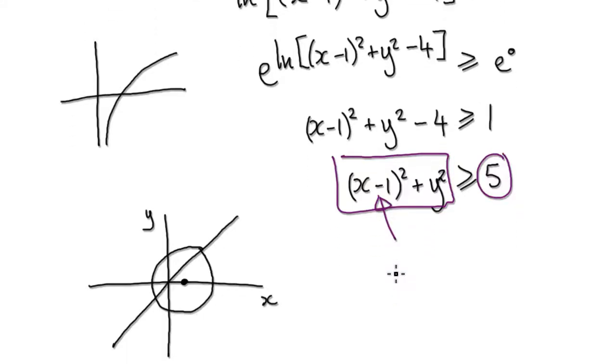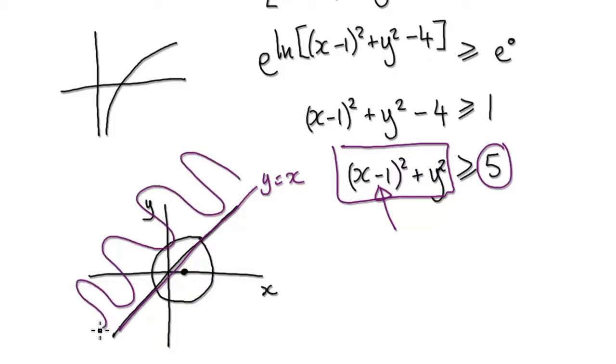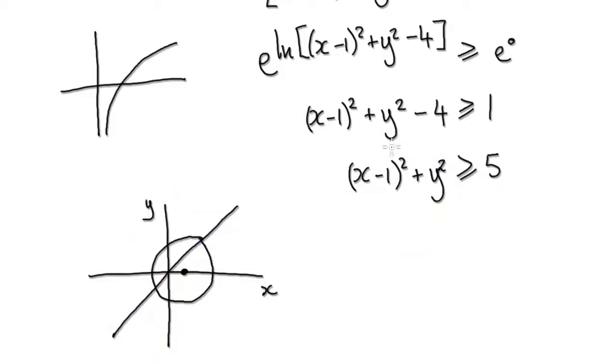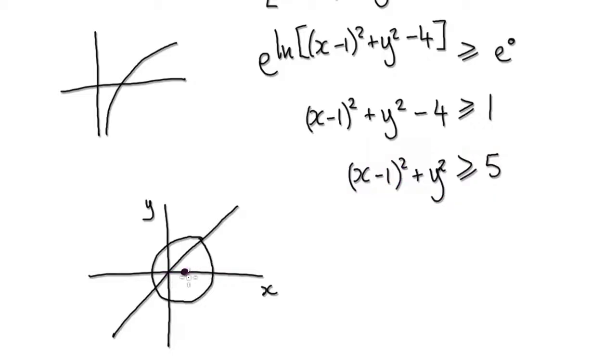So looking at our domain, earlier we established that along this diagonal line, y equals x, it will break down. But then we consider this region only. When we consider this region only, we came to this stage here. So that means it's a circle of radius root 5, and it's been shifted across by 1, so the center is right here.